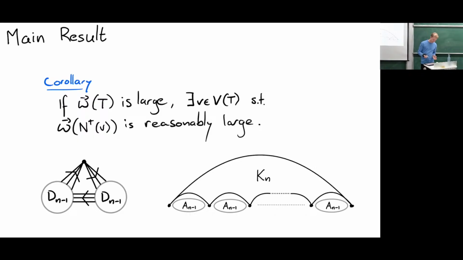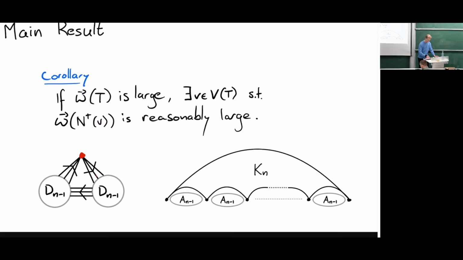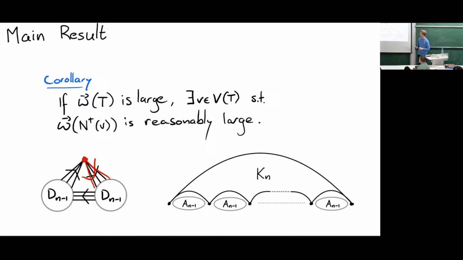Why is this? Well, in either of these constructions, you can find such a vertex. So in D_n, if you take this vertex, its out-neighborhood contains D_{n-1}, and so its out-neighborhood has reasonably large diclique number, and the same in A_n. If you take this vertex, this A_{n-1} is also contained in its neighborhood, so it also has reasonably large diclique number. And in fact, if you look a little bit more, you can find many such vertices in both these constructions.